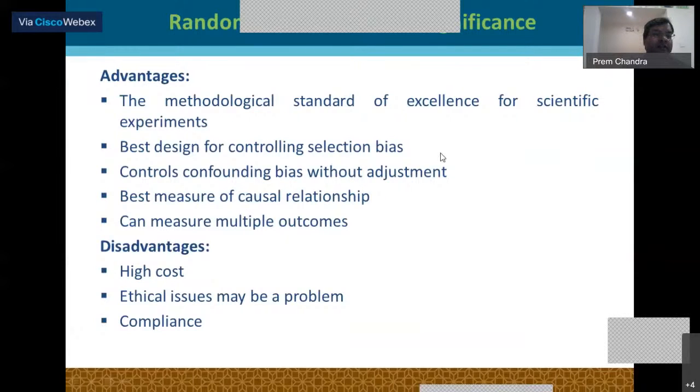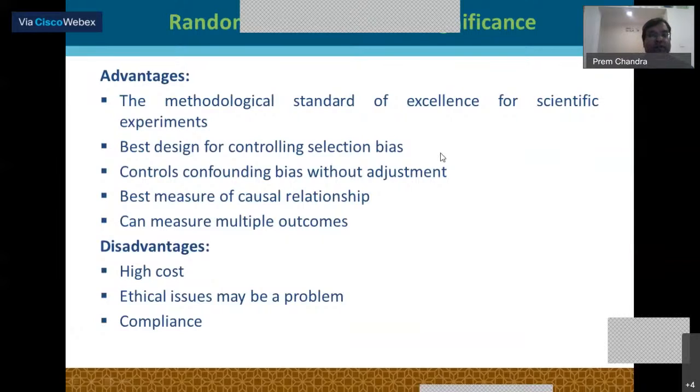It is also one of the best measures of causal relationship. When the presenter discussed cohort studies, you learned about cause and effect, like exposure and outcome, exposure and disease. In this design, you can measure the causal relationship: does the intervention cause a reduction in pain, or does, let's say, physiotherapy cause a better quality of life?